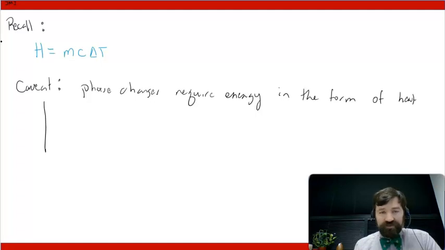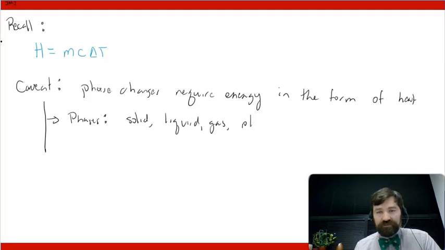Specifically, some possible phases. So what are the phases? Phases include, among other things, solid, liquid, gas, and plasma or ion. Maybe we should say ion rather than plasma, but plasma is a valid phase of matter that makes use of ions.